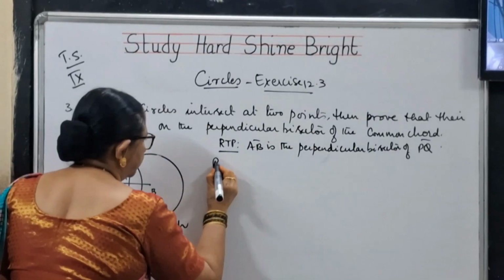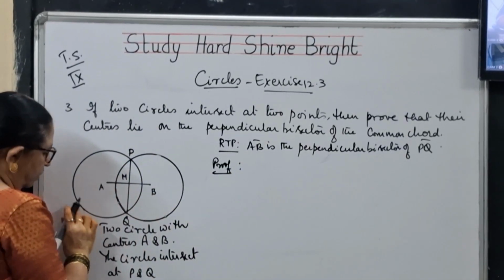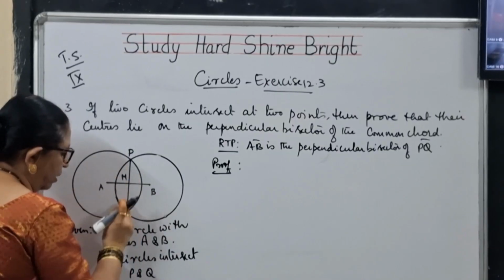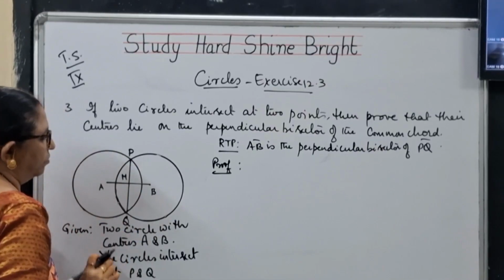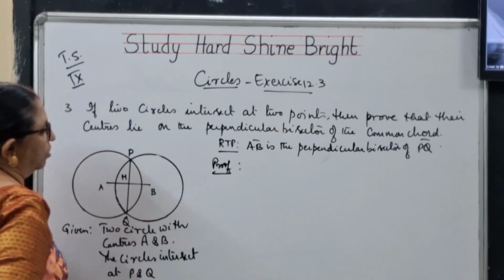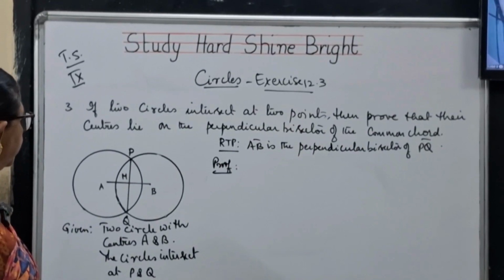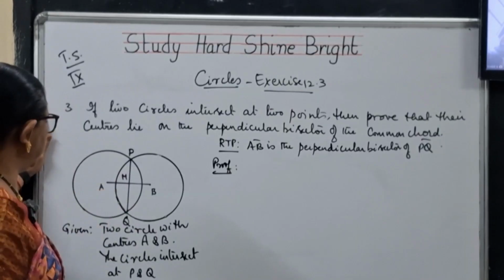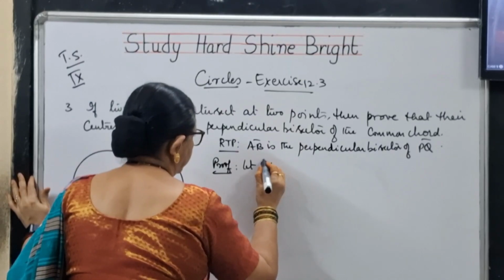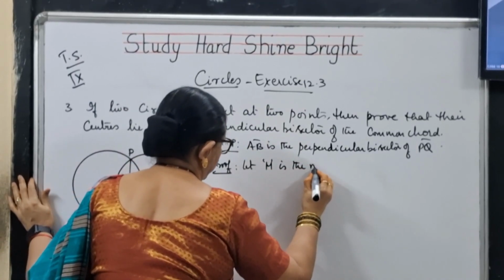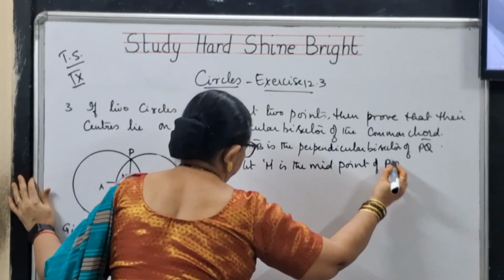So, when we go to the proof, we have already done one theorem, children, where if there is a circle and a chord is drawn, then the line drawn from the center to the chord is always perpendicular and it bisects the chord. Now, in order to prove this, let us suppose that M is the midpoint of PQ.